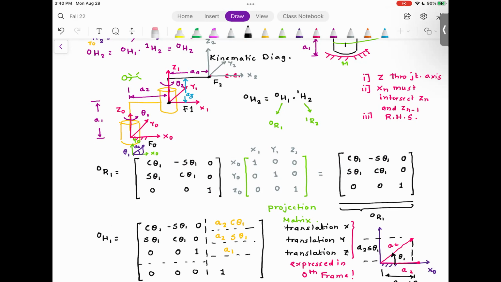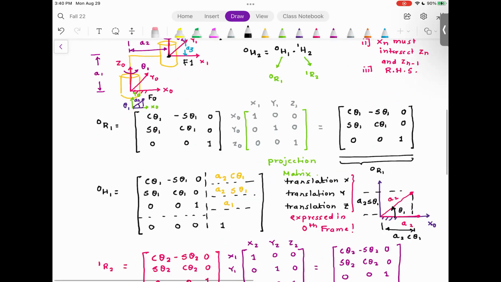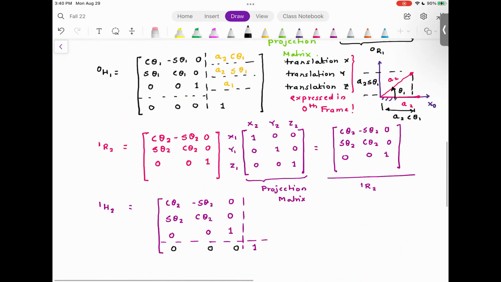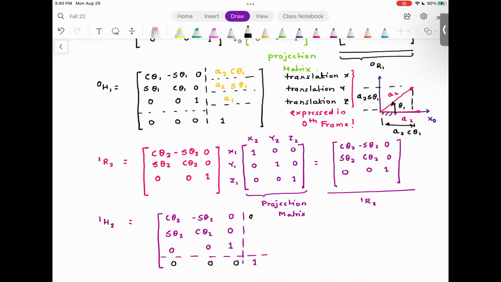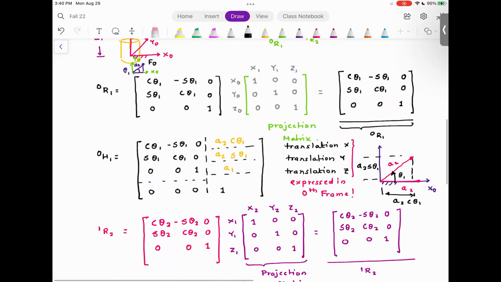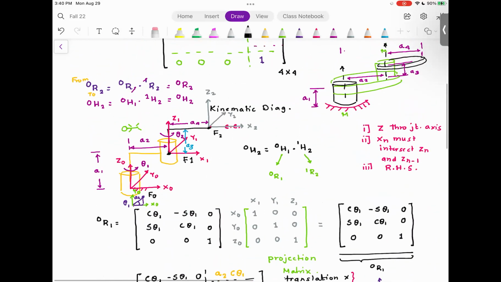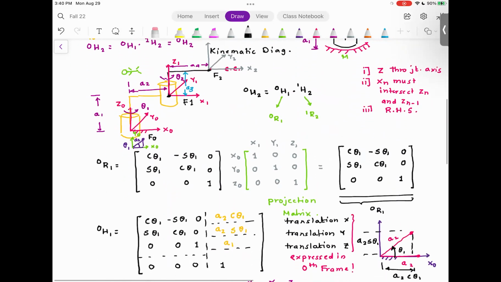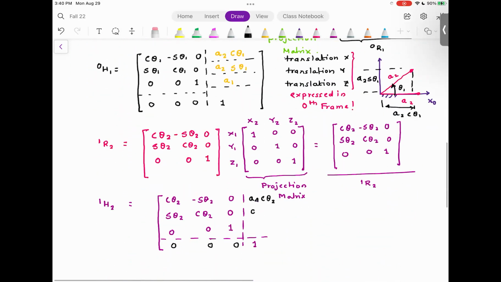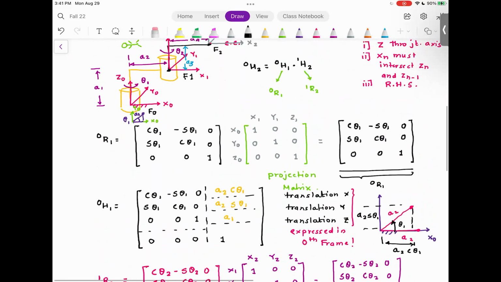What would be the translation about x1? It will be a4 cosine theta 2, right? A4 cosine theta 2. What would be the translation about y? It will be a4. And then this will be a3.